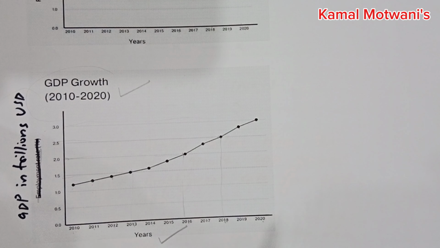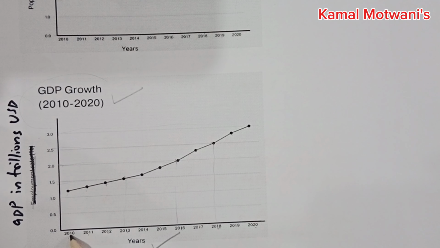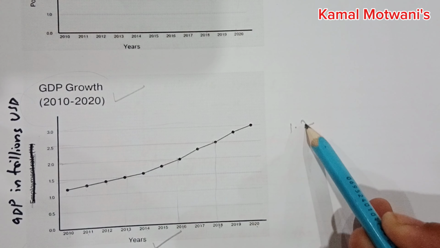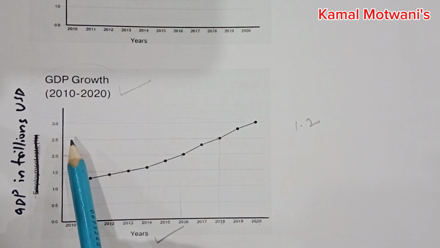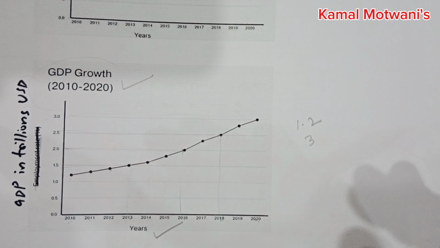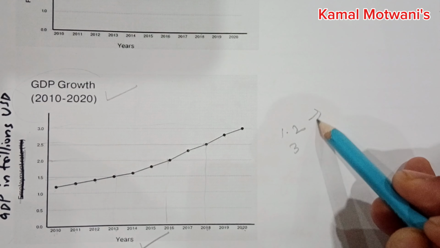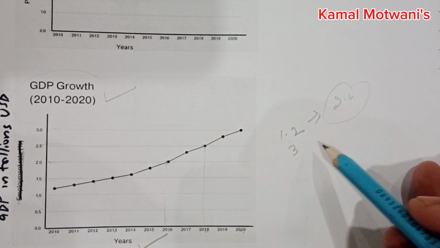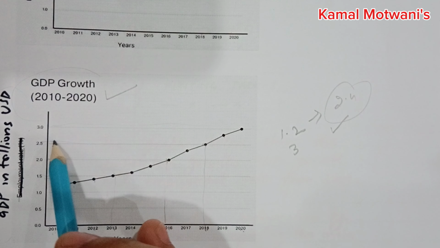Here we also come to the conclusion that in 2010 the GDP was around 1.2, whereas in 2020 it reaches 3. So we can say that it also got doubled. The double of 1.2 is around 2.4, so it has gone far ahead of 2.4. It is 3 at the end.